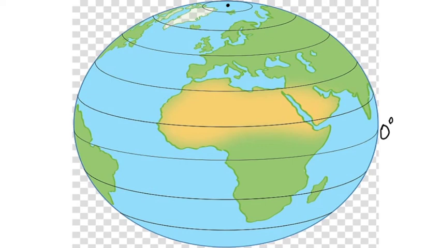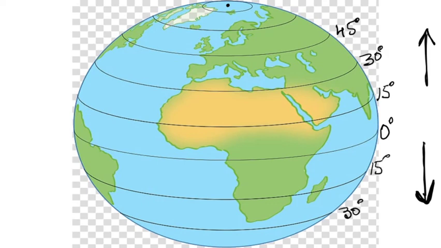From there, we start marking the parallels in the northern hemisphere and southern hemisphere. We mark these parallels from 0 degree to 90 degree. As examples of some parallels, we can mark them as 15 degree, 30 degree, 45 degree and so on. And similarly, we can do that in the southern hemisphere.